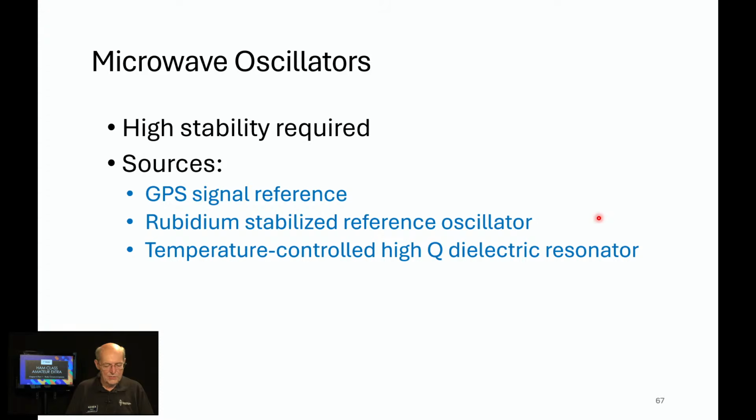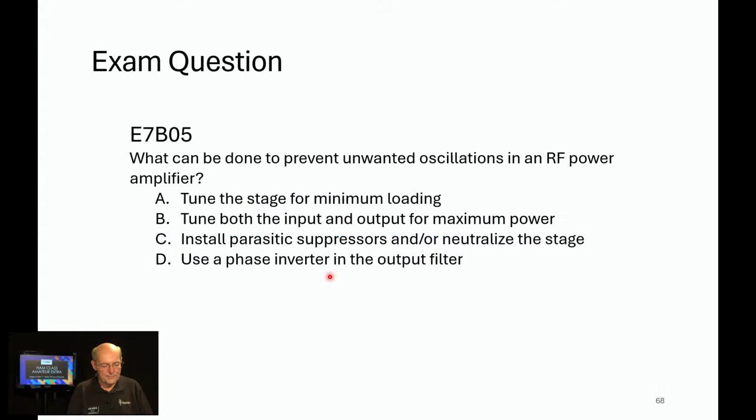Rubidium stabilized reference oscillator, or temperature controlled high Q dielectric resonator. You can Google these if you really want to know more, but we're going to have an all of these answer coming up. So when you see that, just be aware that these are all used to generate signals at microwave frequencies, microwave oscillators. All right, and then right on to some questions.